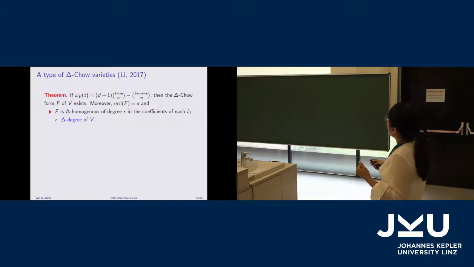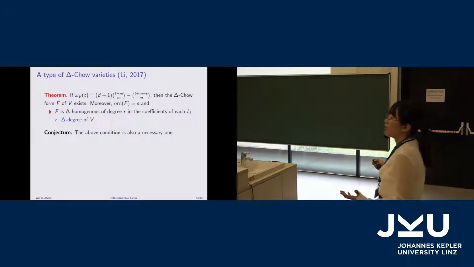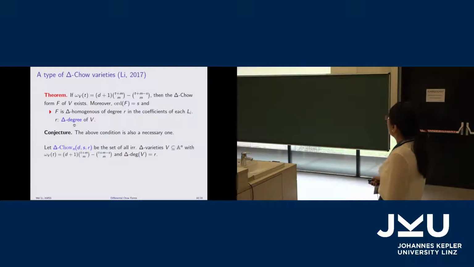And we proved it is partial differentially homogeneous of the same degree R in the coefficients of each Li. And we define this number as the differential degree of the variety. We conjecture it is also a necessary condition. The theorem used to be given as a necessary and sufficient condition, but we found there is a gap in the necessary part, and we cannot fix it until now.